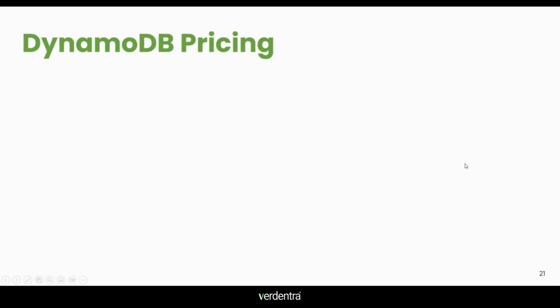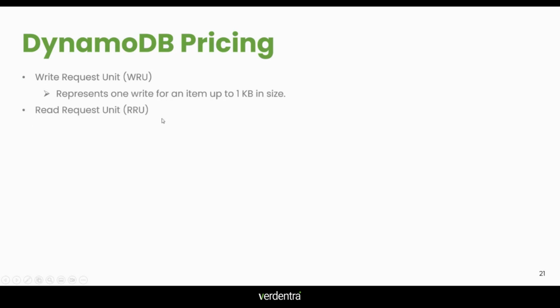Okay, so let's talk a bit about pricing. You have 2 units in how DynamoDB charges you. So you've got the write request unit, or WRU. This represents one write for an item up to 1 kilobyte in size. And you also have the read request unit, called RRU.